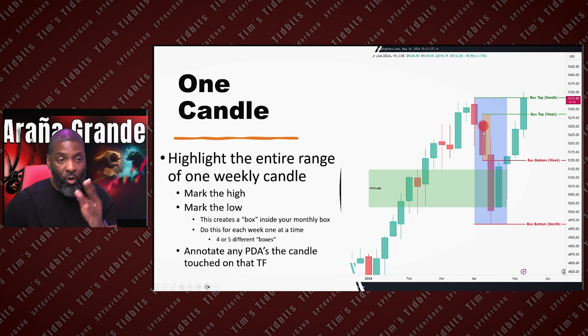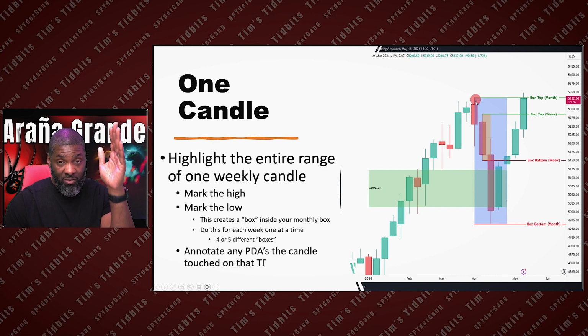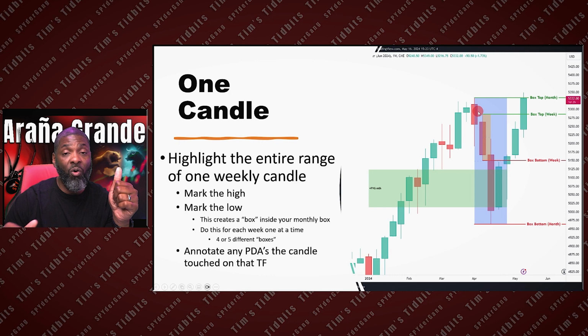So in this case, we're on week 2. We annotate in week 2 because in week 1, we've already highlighted week 1 and studied price on Monday down to the lowest time frame, studied price on Tuesday down to the lowest time frame, Wednesday, Thursday, and Friday. Once we did all that, we moved on to week 2, and now we've highlighted week 2 and annotated the high and the low.